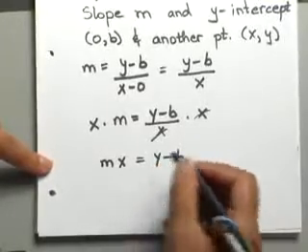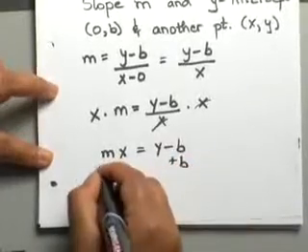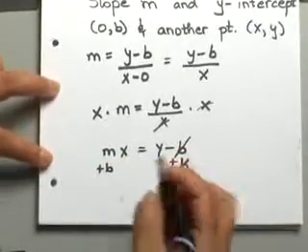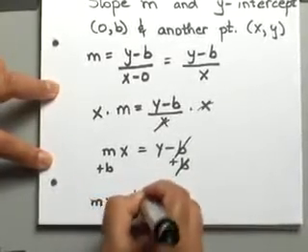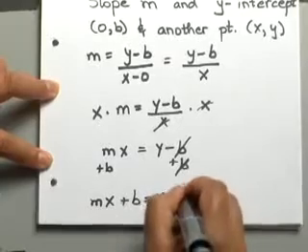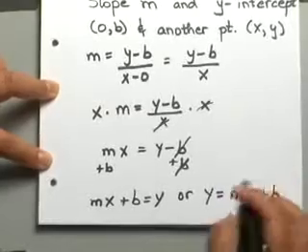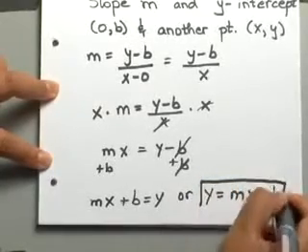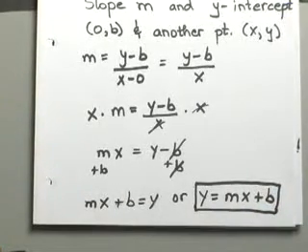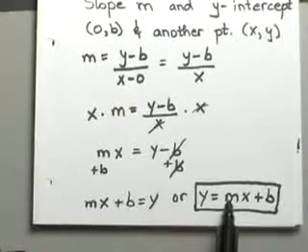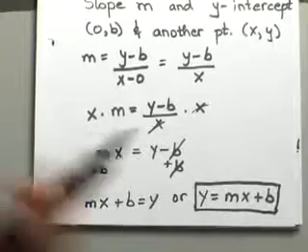Then I want to get y by itself, so I will move the b over to the other side, and that will give me mx plus b equals y, or you can write it the other way, y equals mx plus b. This form right here is what we call your slope-intercept form. The reason it gets its name is because you have the slope m and you have the y-intercept b.